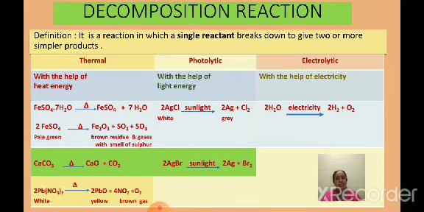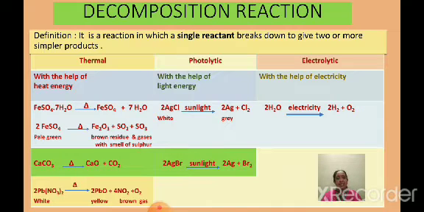Take the first case, that is decomposition of ferrous sulfate crystals. It is in the form of FeSO4.7H2O. So we have to start with crystals of ferrous sulfate. When these crystals are heated, initially water will escape from the crystals.